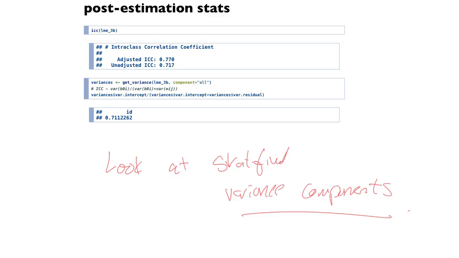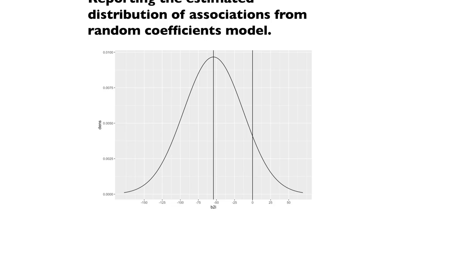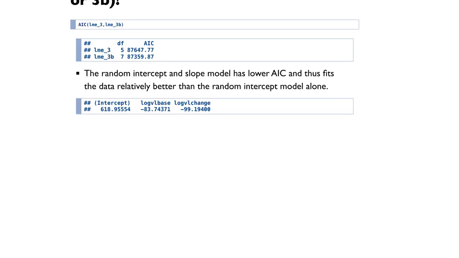Do I have code with that? Here's a guy. AIC, you can just add a bunch of models, if they're all on the same data. They have to be on the same data. One thing you have to be careful with when comparing AIC is if I have different fixed effects in there and some of them are missing, say a new covariate I'm adding to one model and not the other, the likelihoods aren't comparable.